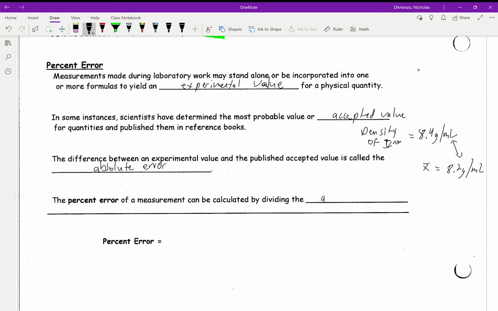So we divide the absolute error by the accepted value and multiply by 100.